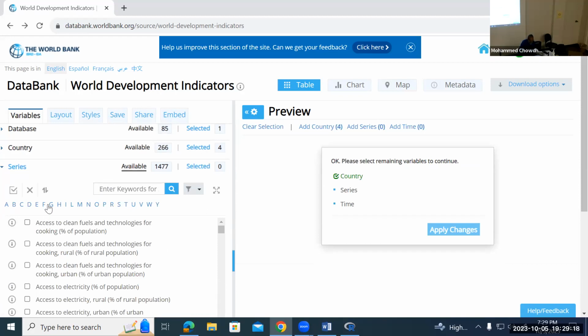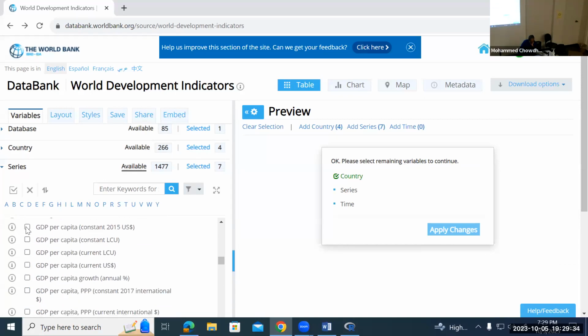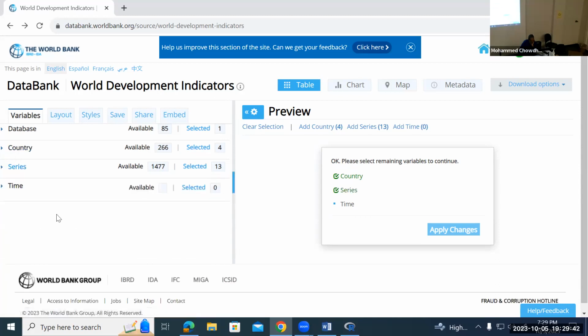If you click on the G, then see GDP. I click on the G, GDP, then you can select GDP. All the GDP related things you can select. GDP per capita. So series is done. Now time.